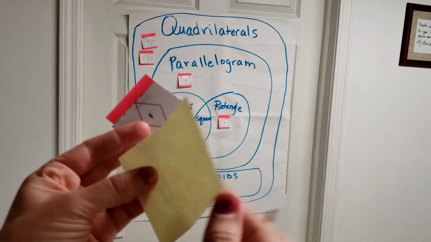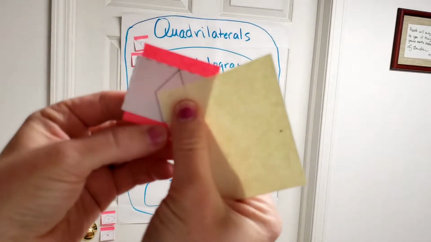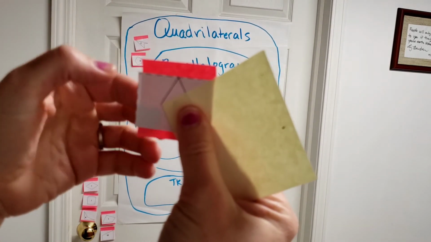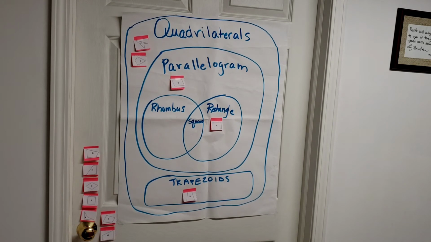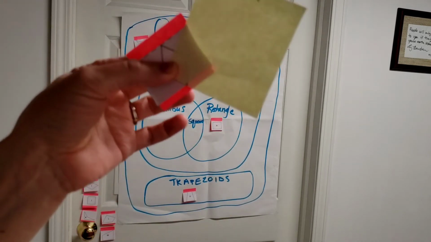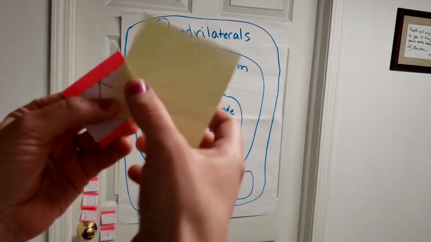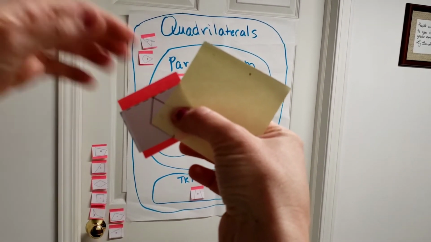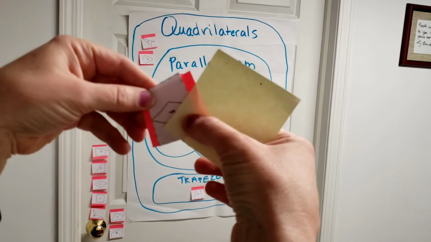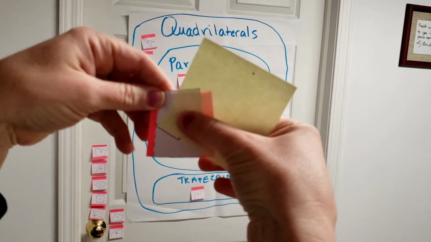So I'm just going to use a Post-it. I'm going to line up my corner on one edge, and I'm going to mark it. And I'm going to use that marking of the distance on that one side, okay? And then I'm going to turn it and see, is that the same length?